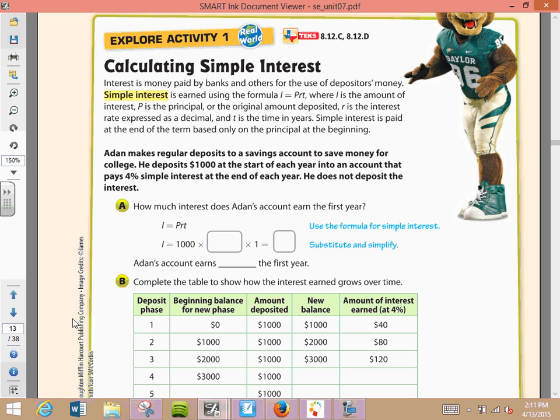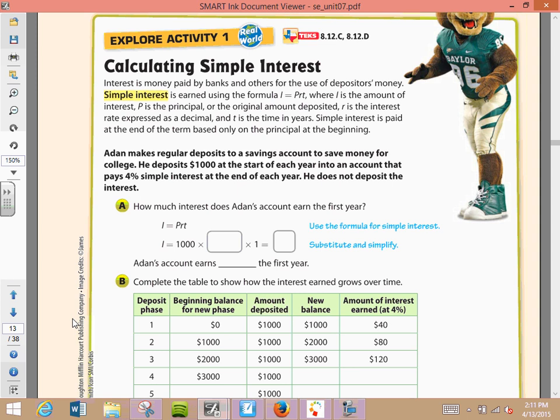Yes, the person who is borrowing money has to pay it back with the interest. And you are saving money, so why do you have an interest? Well, that's not the point of a savings account. What is the point of a savings account? Basically to save your money, right? Well, this one is for college.